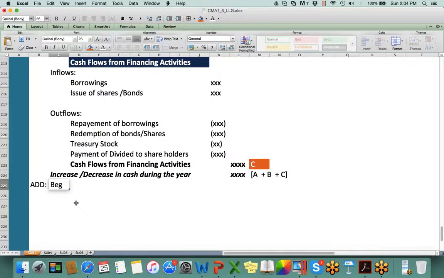Then add your opening balance of cash and bank, the beginning balance, and you will get the ending balance.